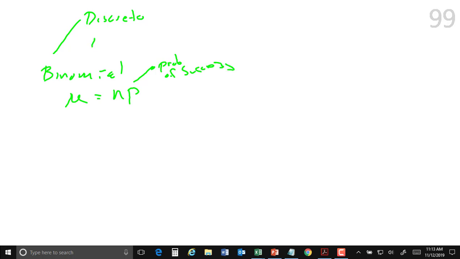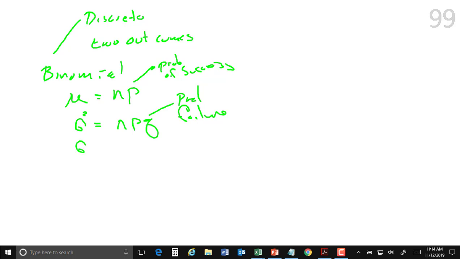And it can only have 2 outcomes, kind of yes or no, right? And then we have the variance, or sigma squared, which is going to be equal to npq, where q is the probability of a failure. Or you can just as well do the deviation by taking the square root of npq.